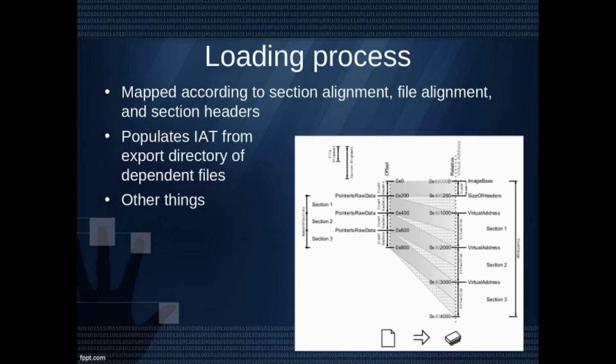What we also want to look at is the import address table. I mentioned that the loader needs to know which functions and DLLs to load. To give an example of this, let's say our program needs to use the internet function, so to fetch something from a website or whatever the case may be. It's going to have an entry that says, please load this specific DLL and give me access to these functions.